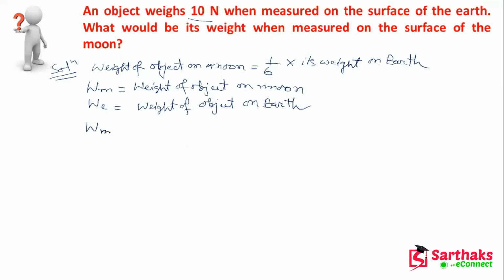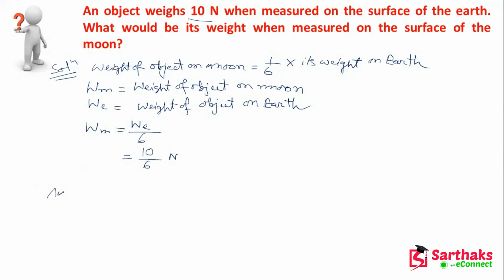So Wm equals WE divided by 6, and it has been given as 10 Newton. So 10 by 6, this much Newton.